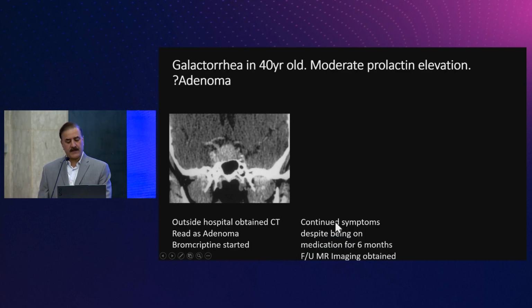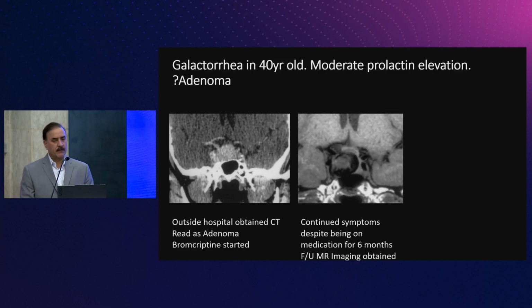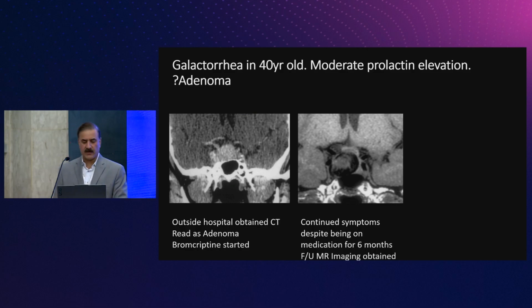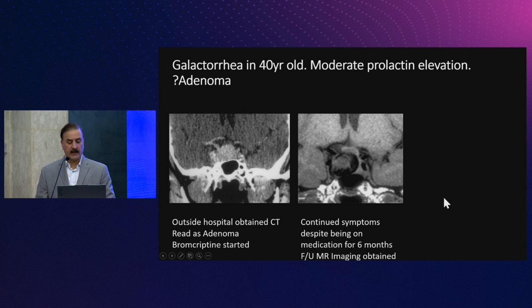The patient continued to have symptoms despite being on bromocriptine for 6 months, and was sent to Hopkins, where we started with an MRI with that history, and we see this. So please be sure that you never let your surgeon touch something like this.